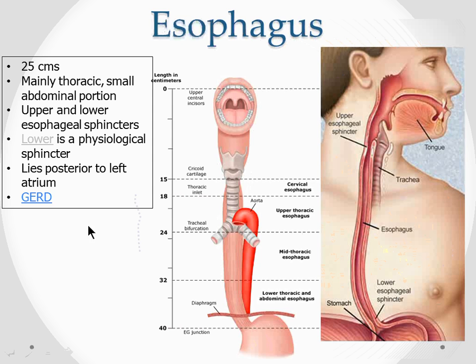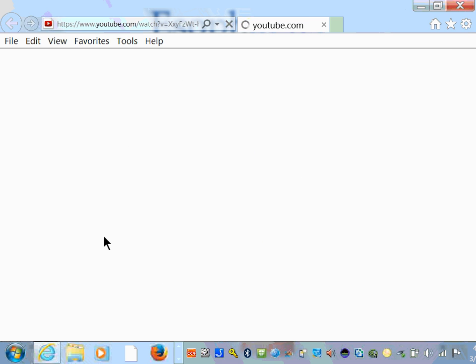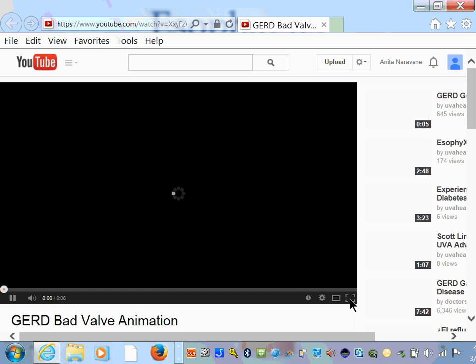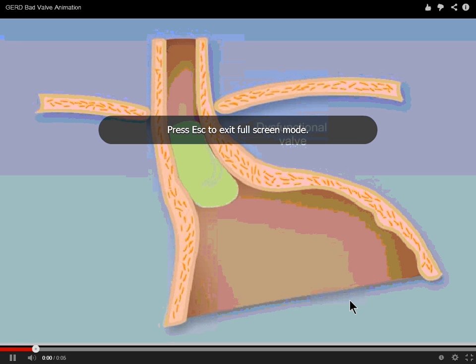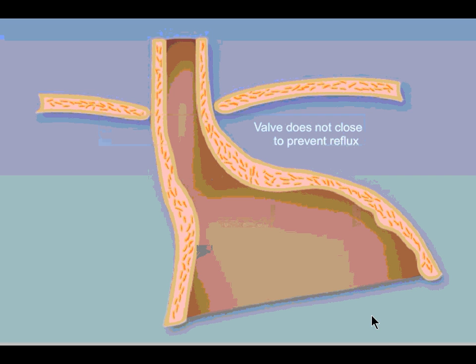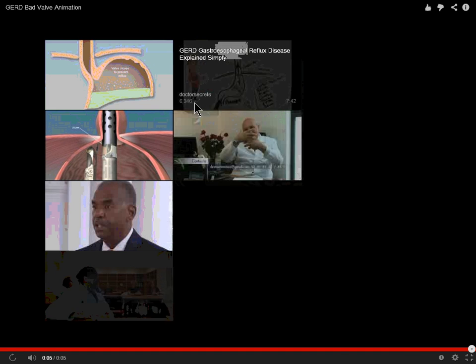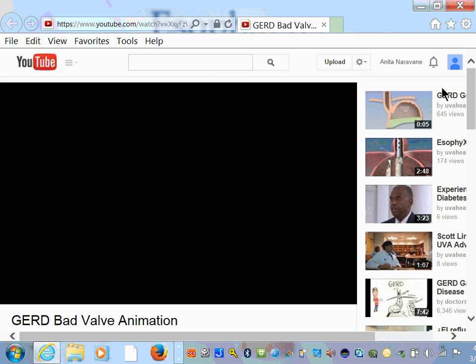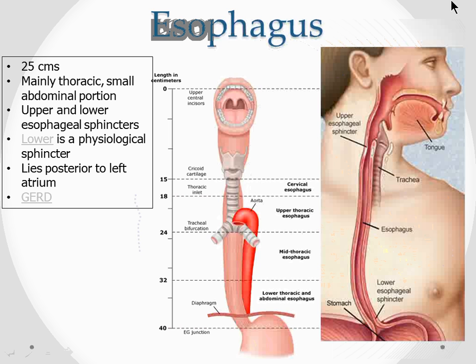And look at the situation where the valve is not closing properly. See, the valve has not closed. Can you see how reflux can go in? This can also be a situation where the opening was large, and a portion of the stomach passes through that, which is known as a hiatus hernia.